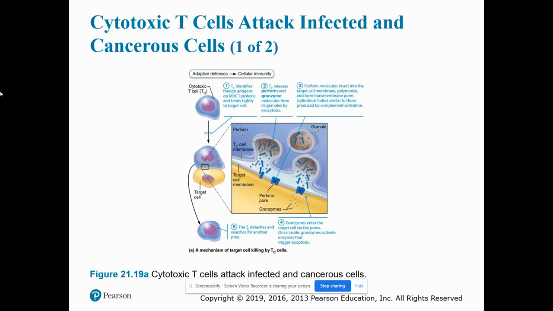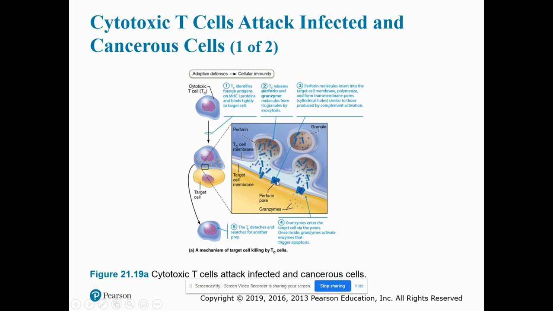So we have first, cursor. We have one, the identification of the foreign antigen. This is what's occurring, well, we're trying to occur here. Two would be the release of perforin and granzyme, and that's what we're seeing here. Three, the perforin molecules insert, and that's actually what we're starting to see here.